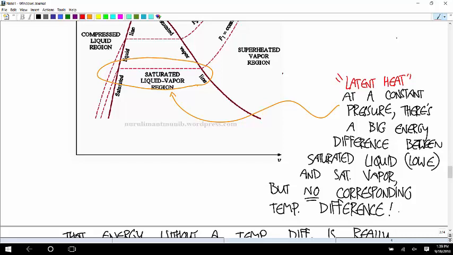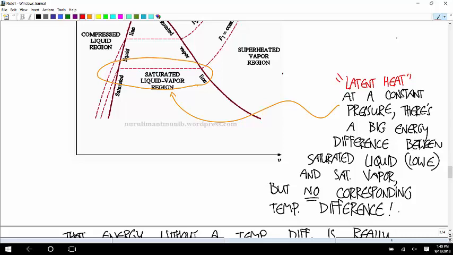Yes, these are still simple compressible substances. So if you know any two of those properties, that's good enough. It's not like it's hard to measure, but I think the term latent is like it's waiting. It doesn't show up, but it's waiting to do something. The idea is that it hasn't changed the temperature of the material, but it's still there waiting for you to sort of release it.